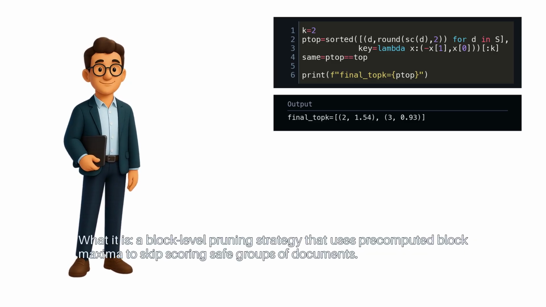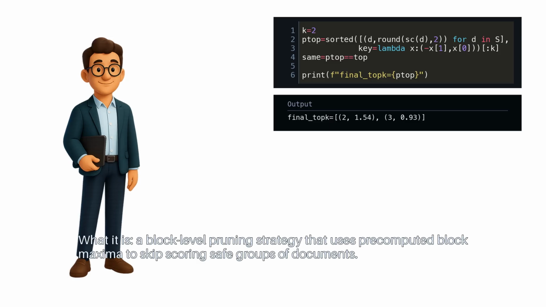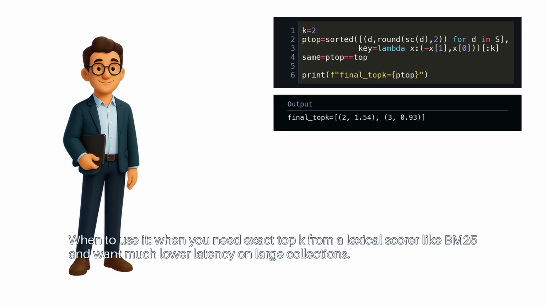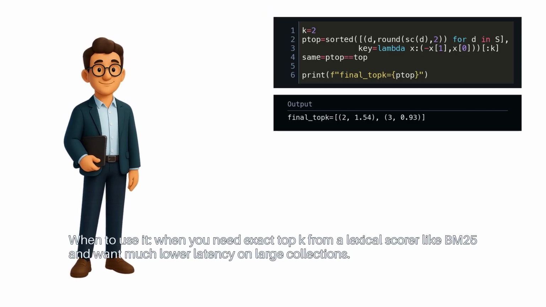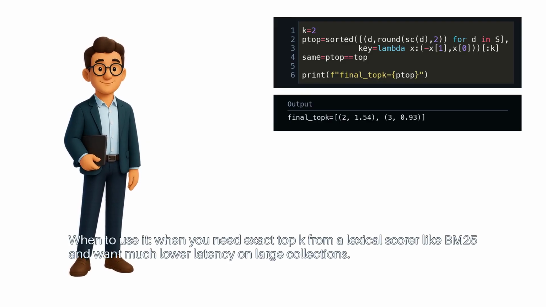Recap what it is: a block-level pruning strategy that uses pre-computed block maxima to skip scoring safe groups of documents. When to use it: when you need exact top K from a lexical scorer like BM25 and want much lower latency on large collections.